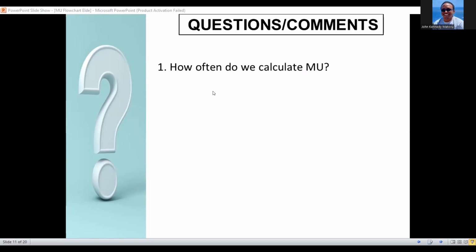Clause 7.3.4 of ISO 15189:2022 says MU should be evaluated and maintained for its intended use, where it is relevant. So it's basically saying the lab should please evaluate MU and maintain it where it is relevant. I can conclude that there are instances where MU will not be relevant.